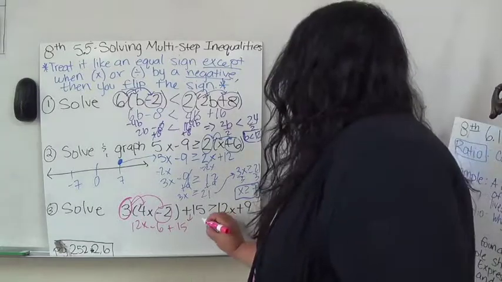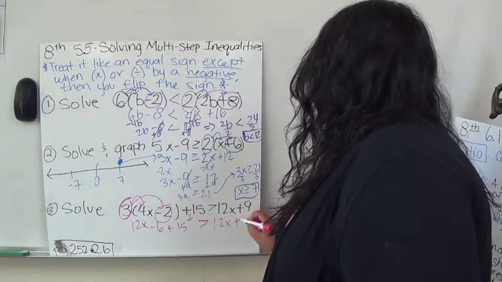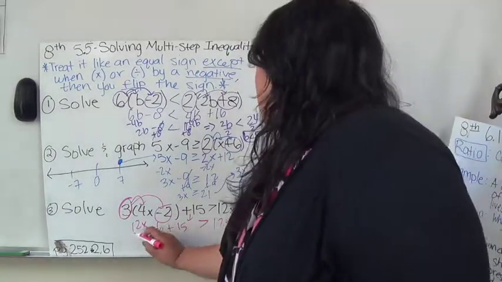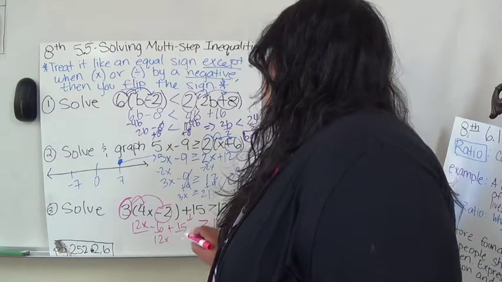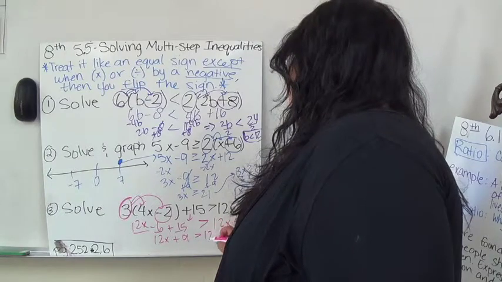Then I'm going to bring down the other side, all of it, because there's no parentheses on this side. Okay? So then I'm going to do like terms. There's no like terms with 12x, but -6 and +15 gives me a +9, which is greater than 12x plus 9.